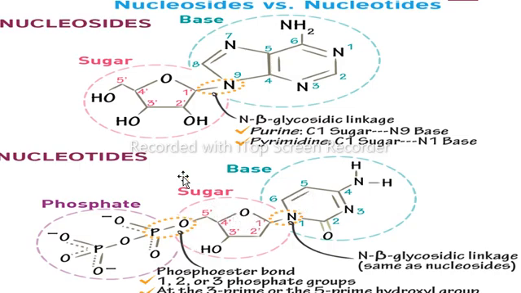Carbon number 1 of pentose sugar bonds with N9 of purine by a beta N-glycosidic bond. The bond that attaches pentose sugar to phosphate group is called a phosphodiester bond.